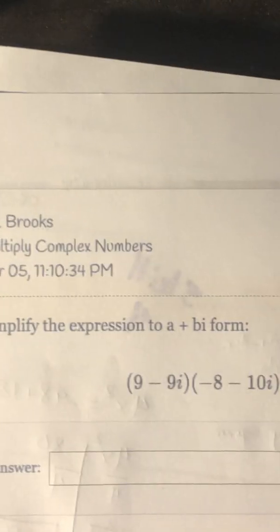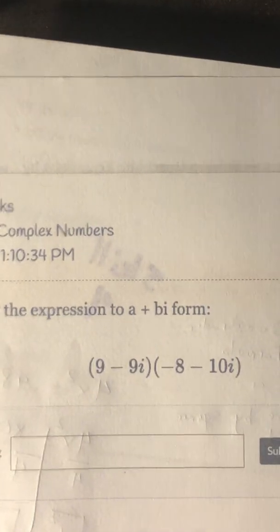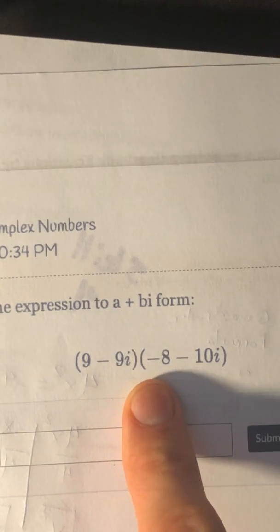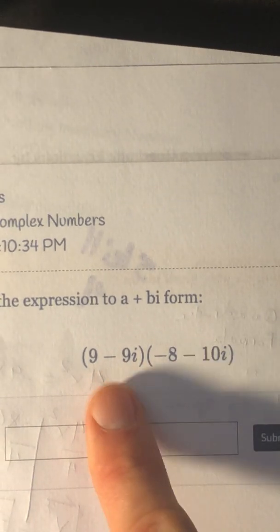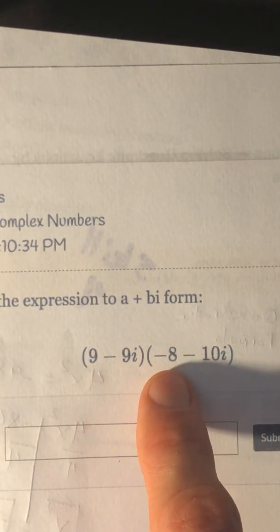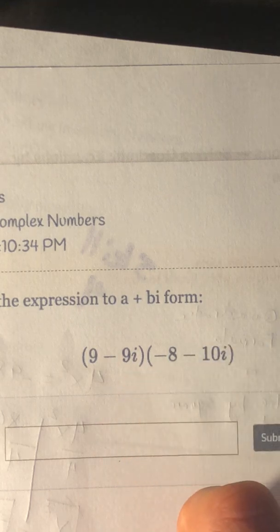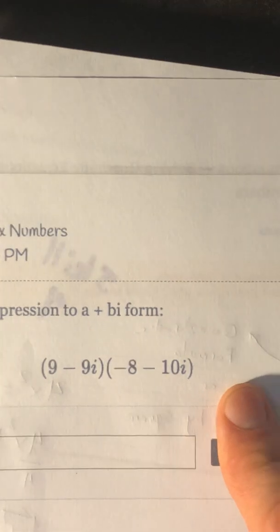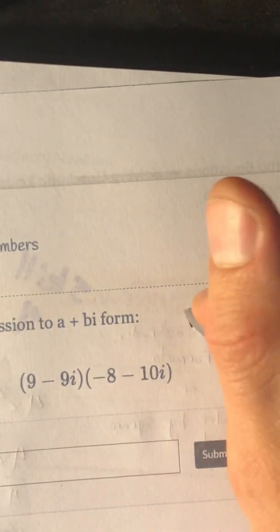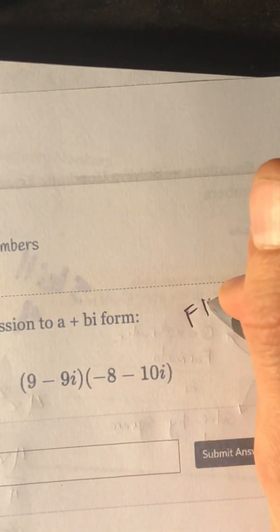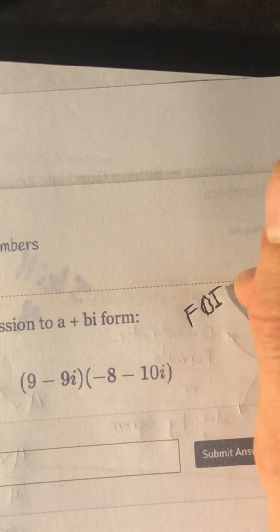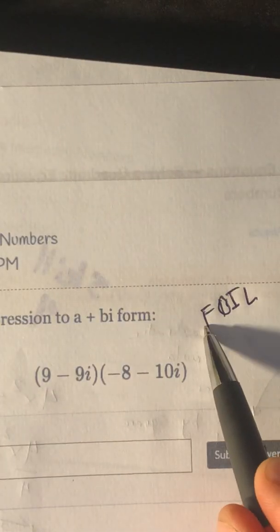Okay, it says simplify the expression to a plus bi form, and it gives me this. Now this is multiply because the two numbers are joined next to each other in parentheses. And so I'm going to multiply, and since I have two binomials, I'm going to FOIL. So I'm going to multiply the first terms, outside terms, inside terms, and last terms.